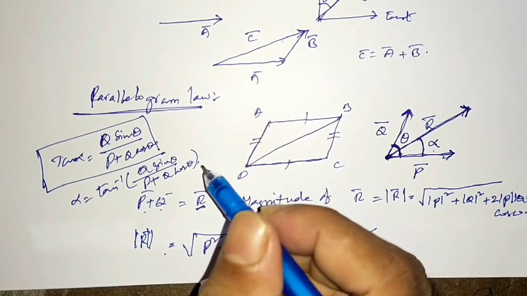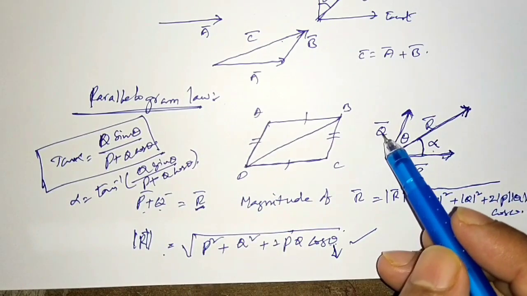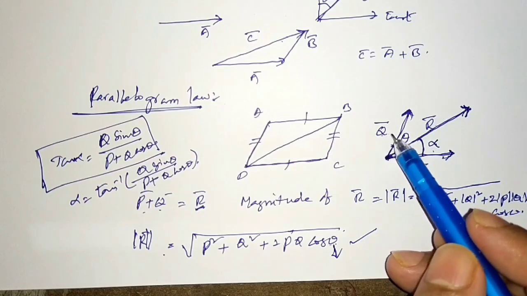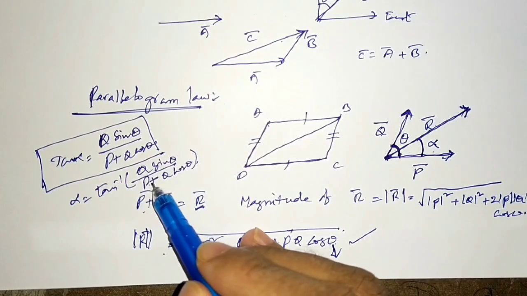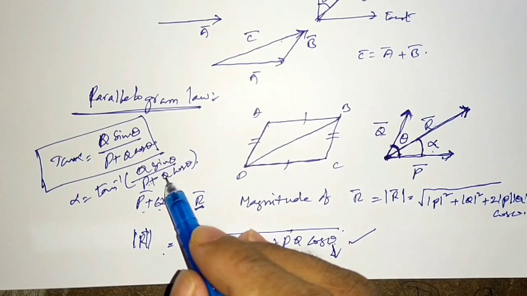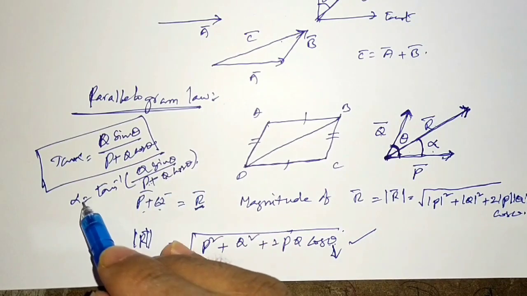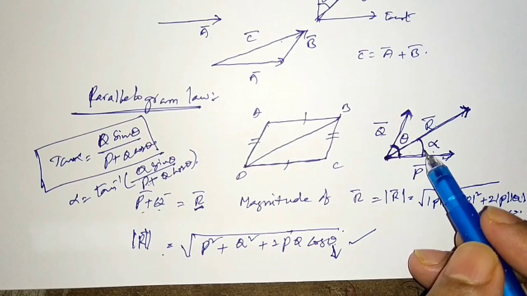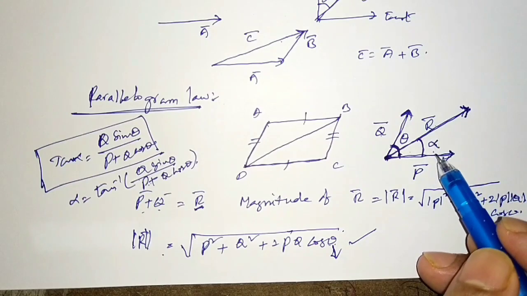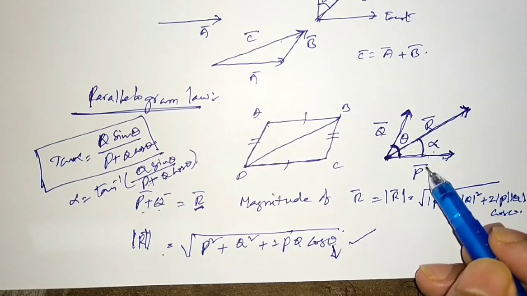So q sin theta means magnitude of q into sin theta divided by magnitude of p plus magnitude of q into cos theta is the direction of resultant vector r that it makes with vector p.